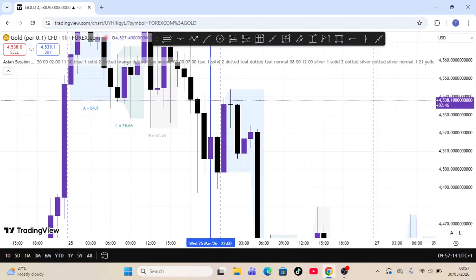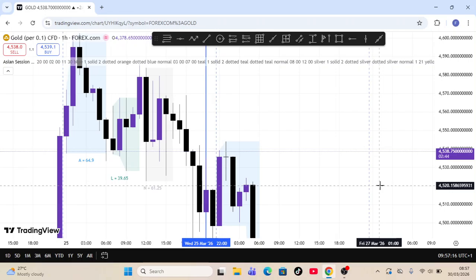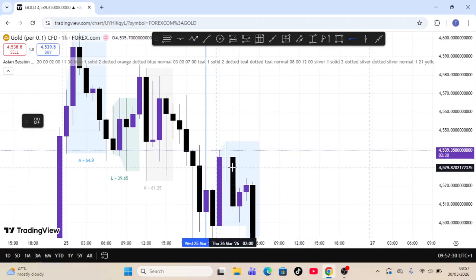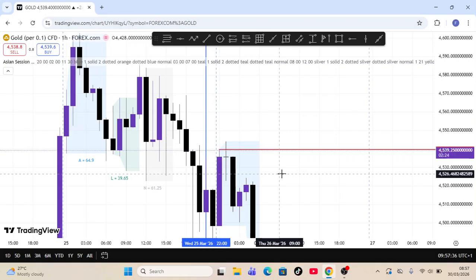You can see when I say go to your 1 hour time frame, wait for a session sweep, a week to week sweep. You can see this was a week, and this week swept it. You take your horizontal ray and you mark it out.